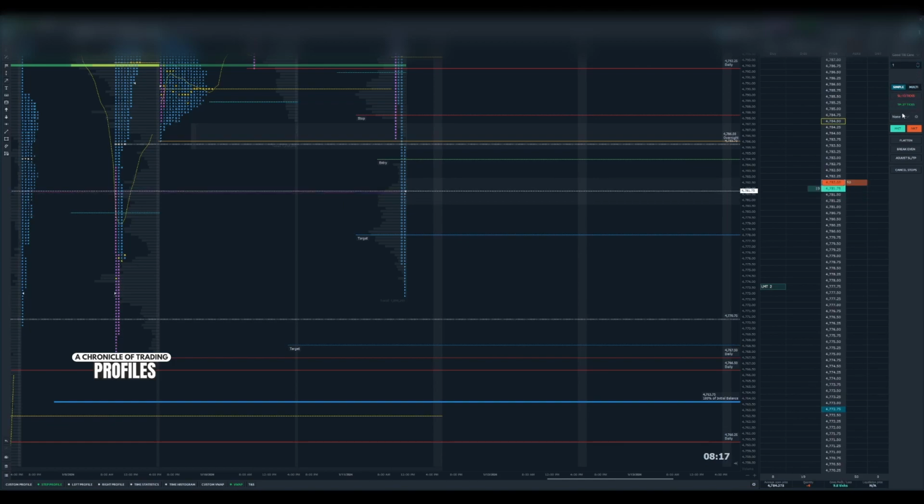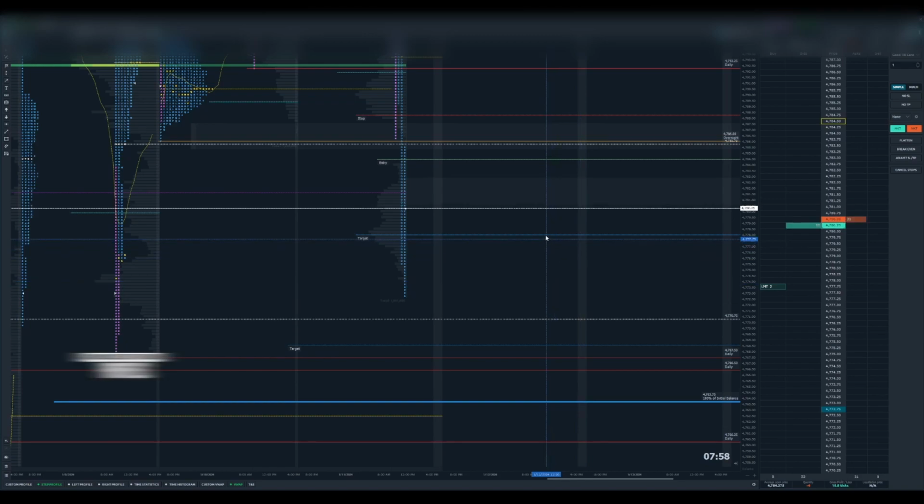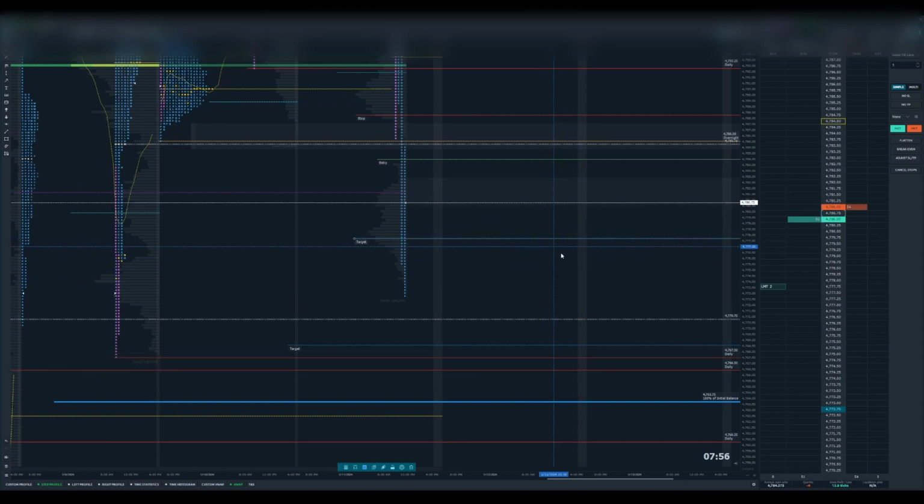Take off these brackets so I can take the one. 27 is down here, right there. I'd take one set in here and then I'll hold the other set. That's at 77.75 right there.